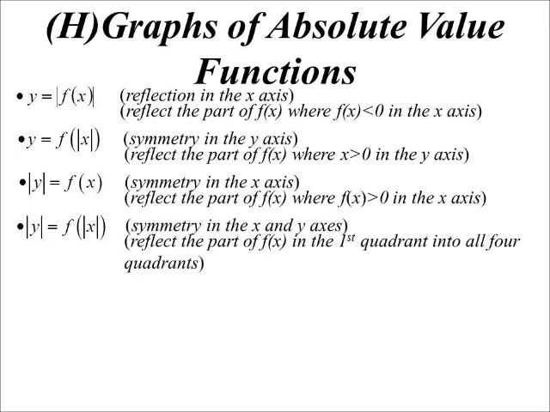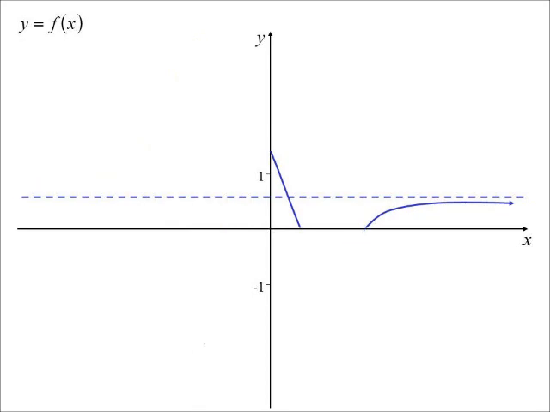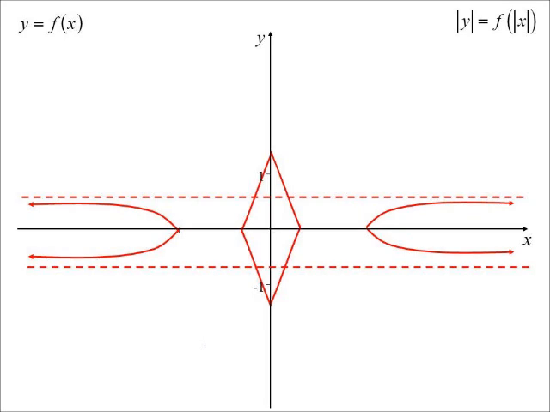We've got symmetry in both axes this time. Basically, whatever's in the first quadrant reflects into all 4 quadrants. Another way of thinking about it is, hey, how about we draw y equals function absolute value x first, and then we're going absolute value of y on that. So here's original curve. We'll end up with just what's in the first quadrant, reflected both to the left and down below.